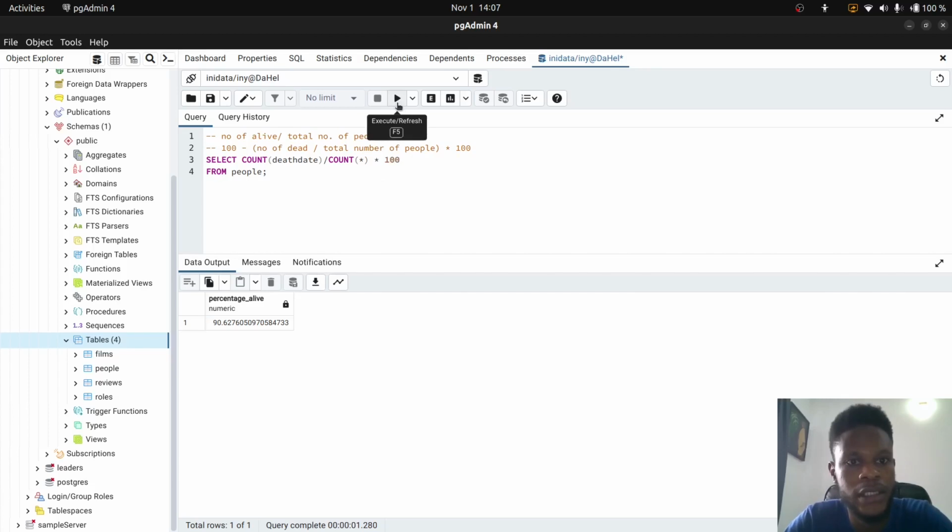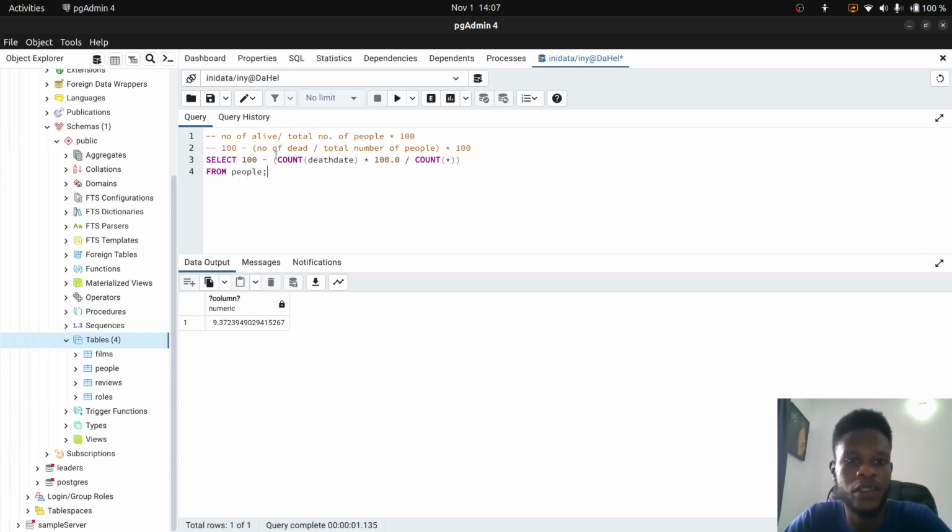Let's see the death rate first. So if I'm adding the 100.0 here, okay, so this gives me the percentage of people that are dead. Now once I've gotten the percentage of people that are dead, I can subtract that from 100, and so all of that, let me put it in brackets.